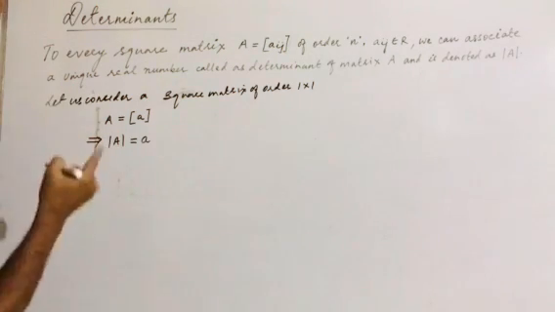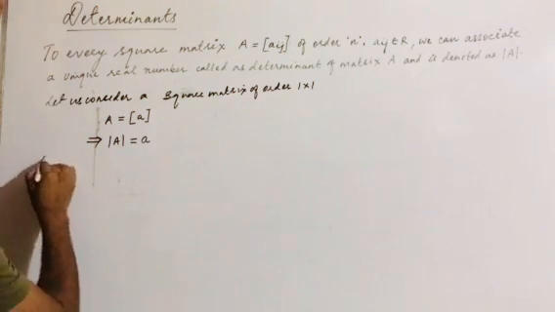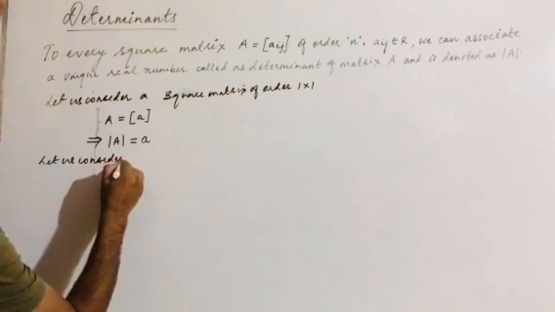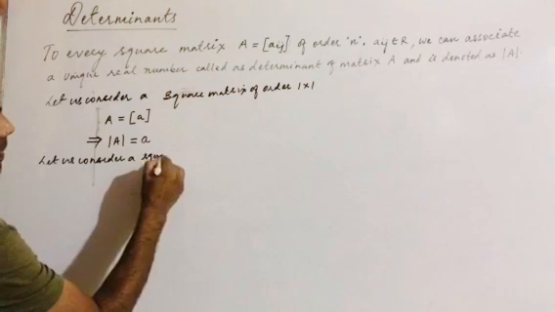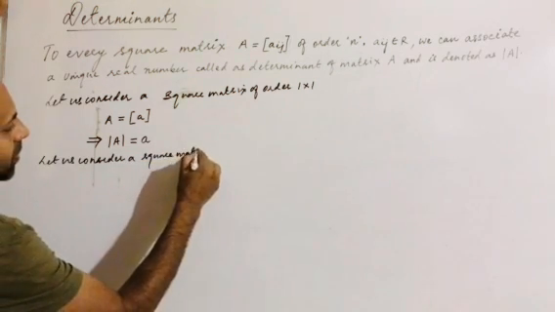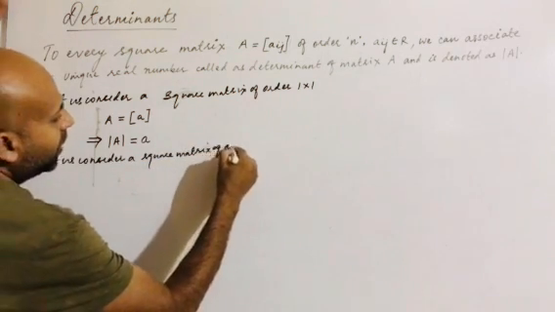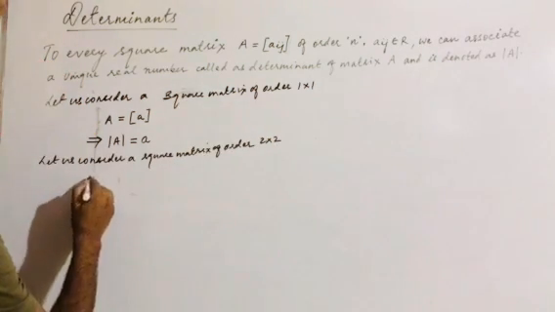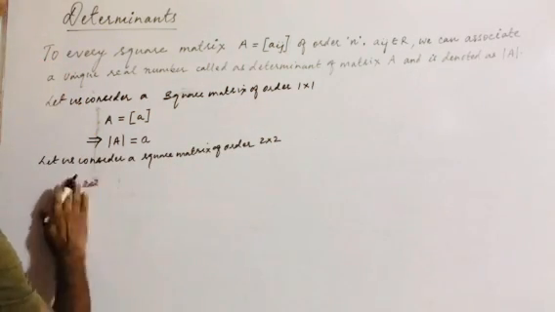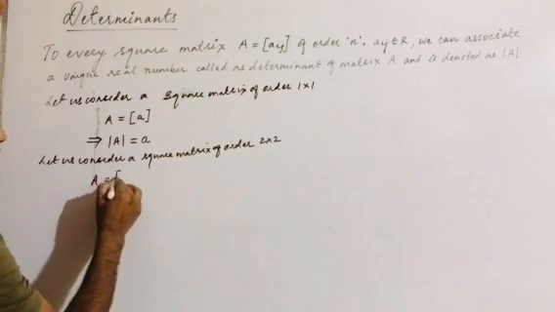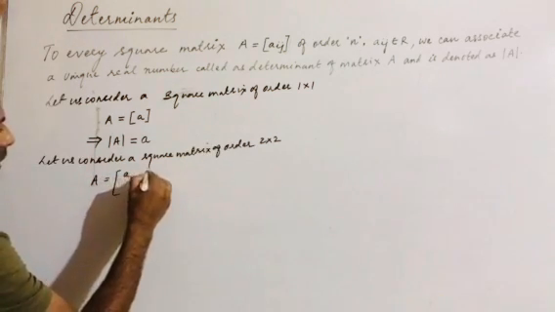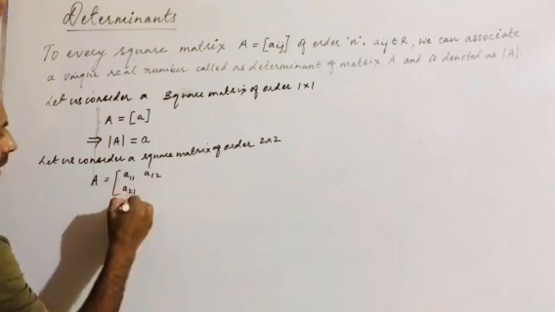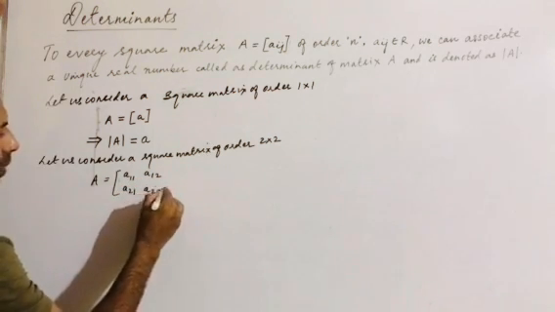But if we take a matrix of order 2 by 2, let us consider a square matrix A of order 2 by 2, and the positions of the elements I am writing as A11, first row first column, A12, first row second column, A21, second row first column, and A22, second row second column.